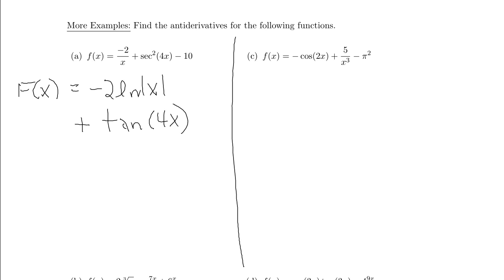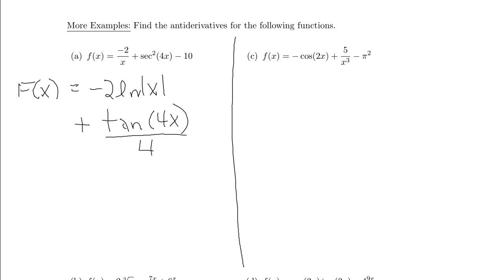That's the part that we actually want. And then when I multiply by the derivative of the inside, I would be multiplying by a 4. But if we look up to our original function, it isn't multiplied by a 4. So we need to somehow get rid of that multiplication by 4, and we do this by dividing by 4, so that when we take the derivative, those 4's will cancel.